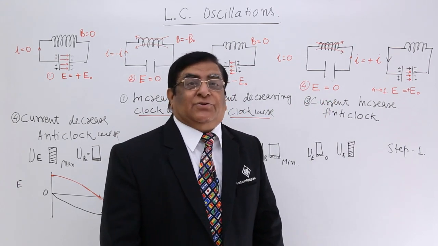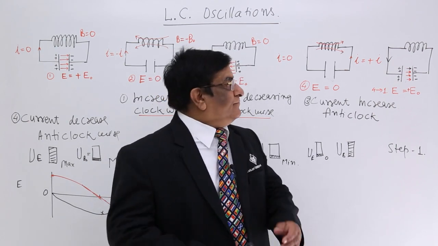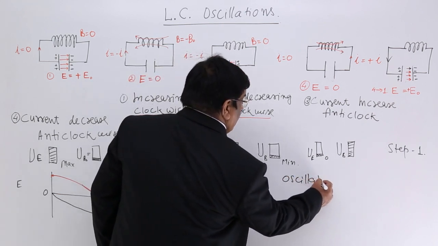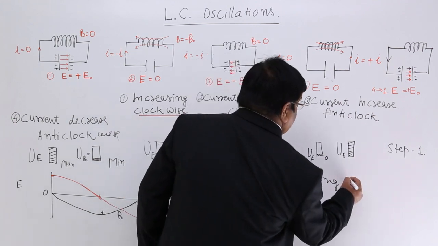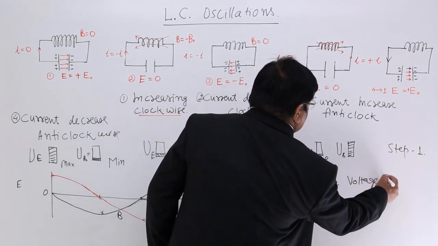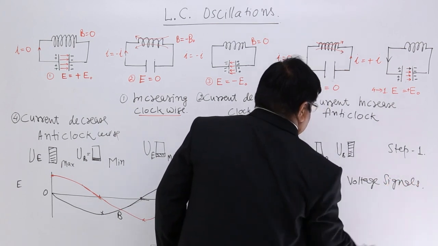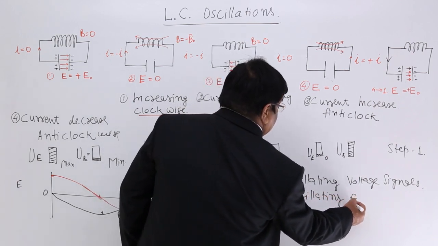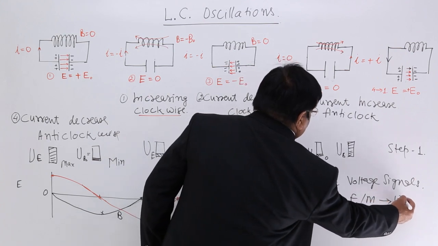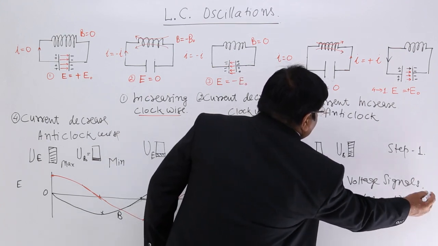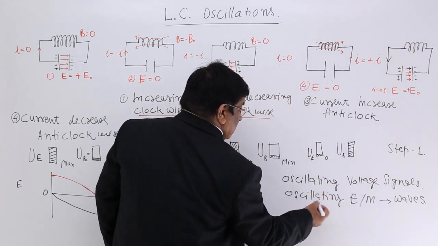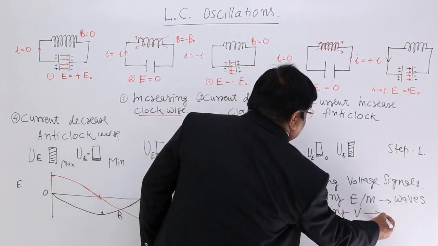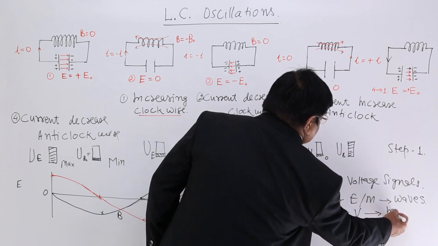Now this is creating electromagnetic waves which we use a lot, and I told you oscillating voltage signals, oscillating EM, and this makes waves, that is electromagnetic waves which we use in mobiles, and oscillating voltage that is required for inverters.